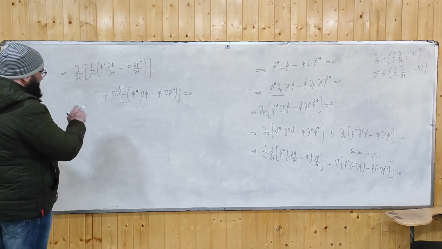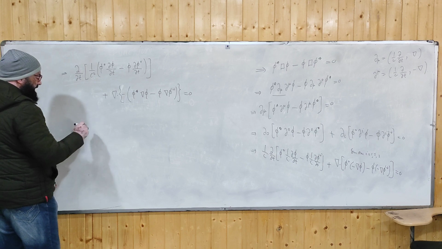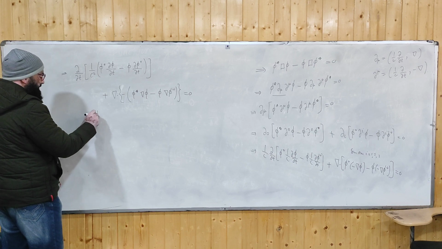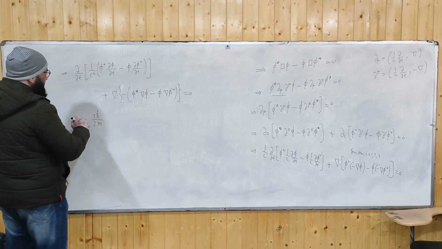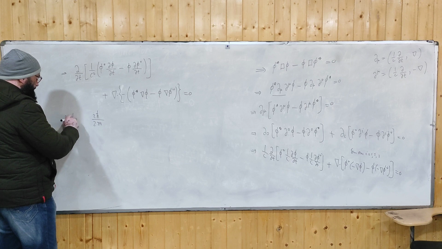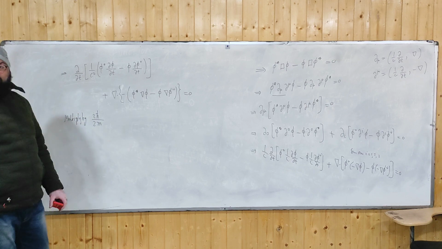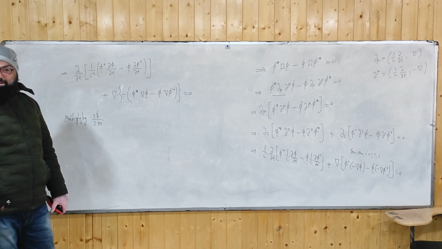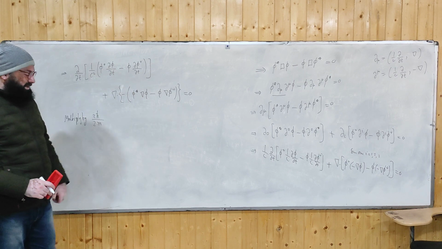Okay, so now let's multiply this by iħ by 2m, so that to get the dimensions correct. Let's multiply this equation by this very factor, so that to get the correct dimensions of the factors, what is here and what is here, you will see in a moment.